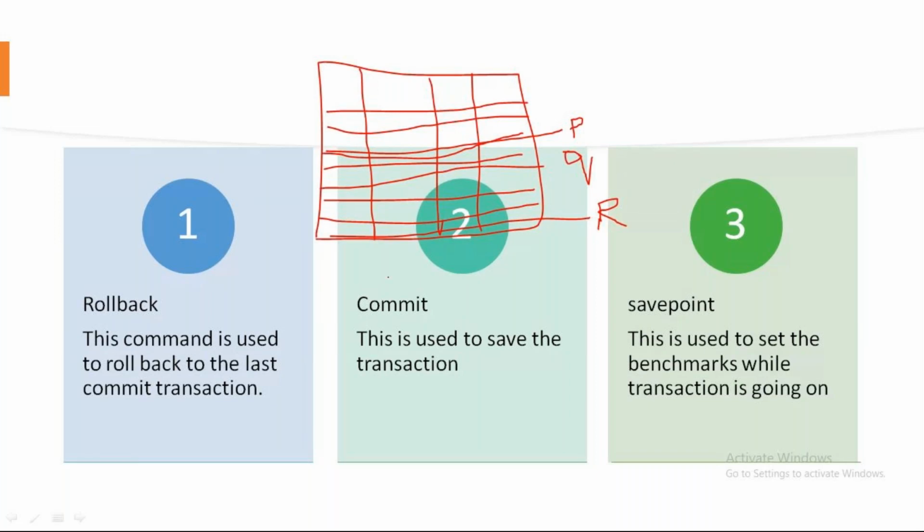If you commit all these transactions, if you run the commit command, what happens? All these savepoints will be removed. If you commit those transactions, then all the savepoints will be removed. But what if you don't commit? The savepoints will be there.